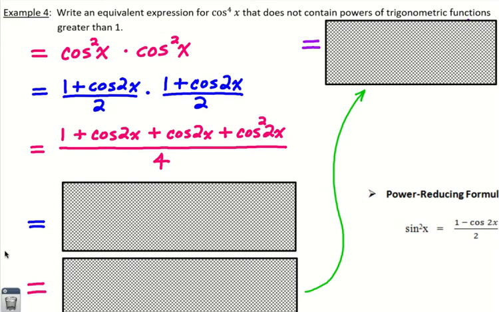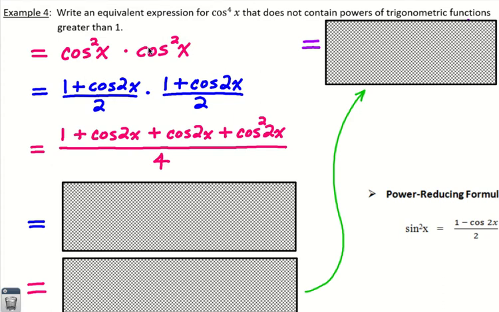I FOIL, and I'm going to pat myself on the back here. I wrote out the entire result of FOIL. Firsts, outers, inners, last. This numerator as a quantity times this numerator as a quantity.